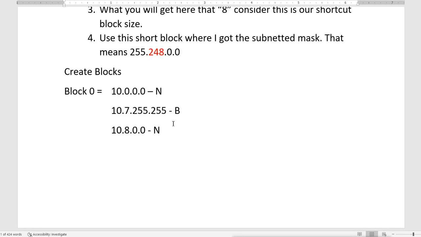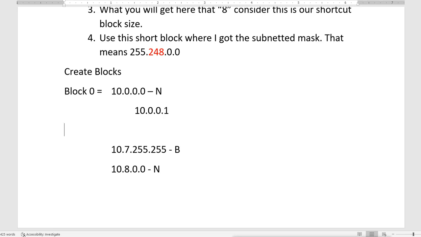So this will be the next block, and if we want to see the usable IPs, they will start from 1 till 7.255.254, and then from here the next block will start.